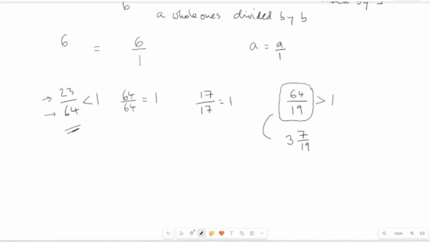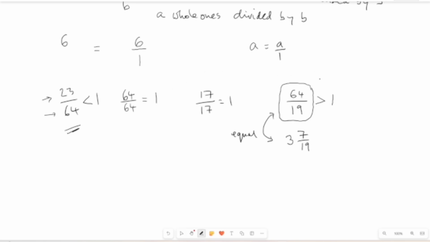These are equal in amount. If you were offered 64 slices where each slice was 1/19 of a whole one, or you were offered 3 whole ones with 7 slices where each slice was 1/19 of a whole one, you'd be getting exactly the same amount of cake, assuming the cakes were equal size to begin with, of course.